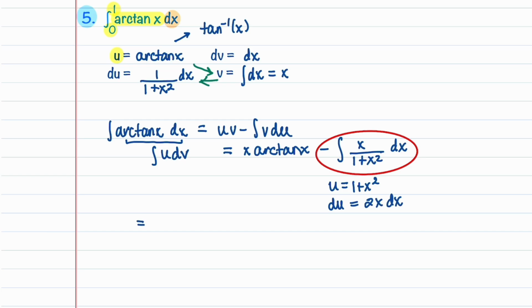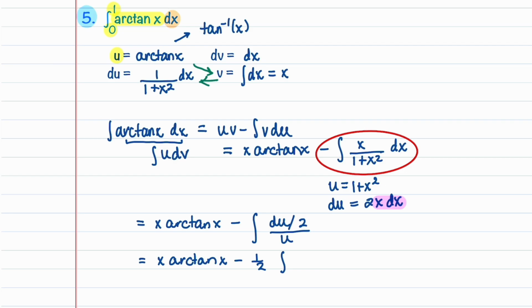I'm going to come over here to the left. This gives us x arc tan x. That just comes along for the ride. And then we subtract off the integral. x dx, that's right here, is going to be du divided by 2. And then 1 plus x squared is just u. So this is x arc tan x minus 1/2 the integral 1 over u du.